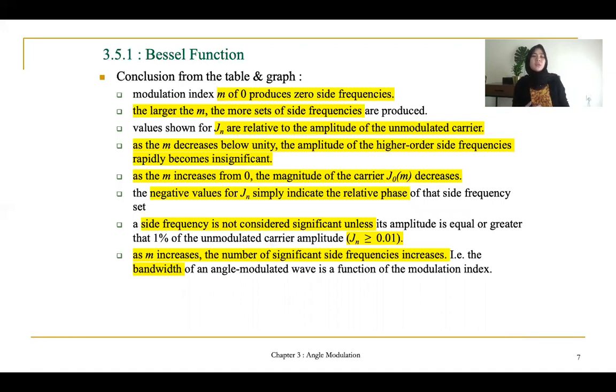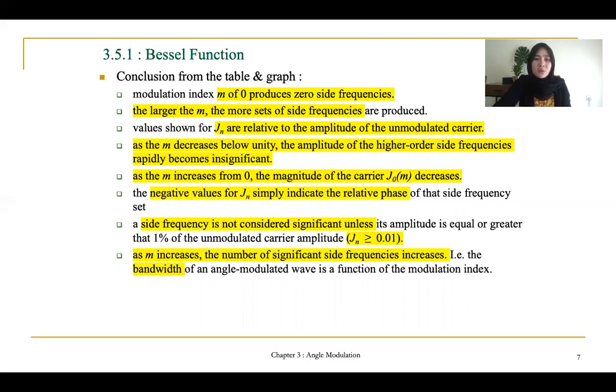As the modulation index decreases below unity, meaning below 1, the amplitude of the higher order side frequencies rapidly becomes insignificant. What it means by insignificant is that the amplitude is less than 0.001.